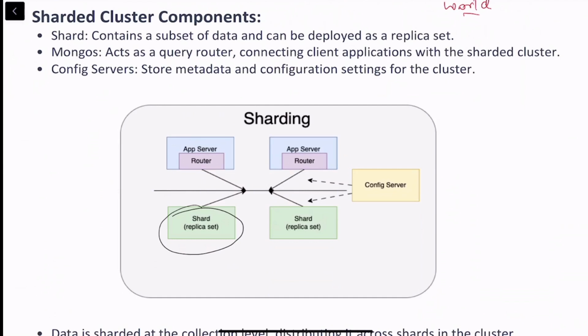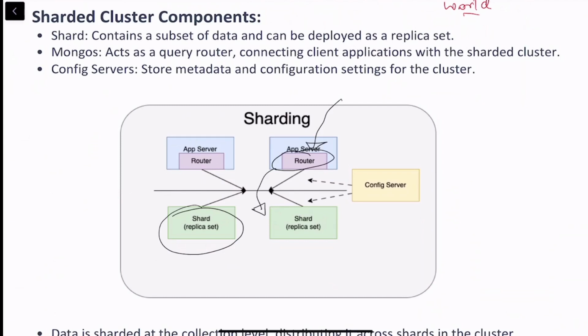The Mongos acts as a query router, facilitating the communication between the client and the sharded cluster. And the config servers store the crucial metadata and configuration settings for the entire cluster. Hence, the query starts coming from here, and based on the config server, it will know which shard to hit.